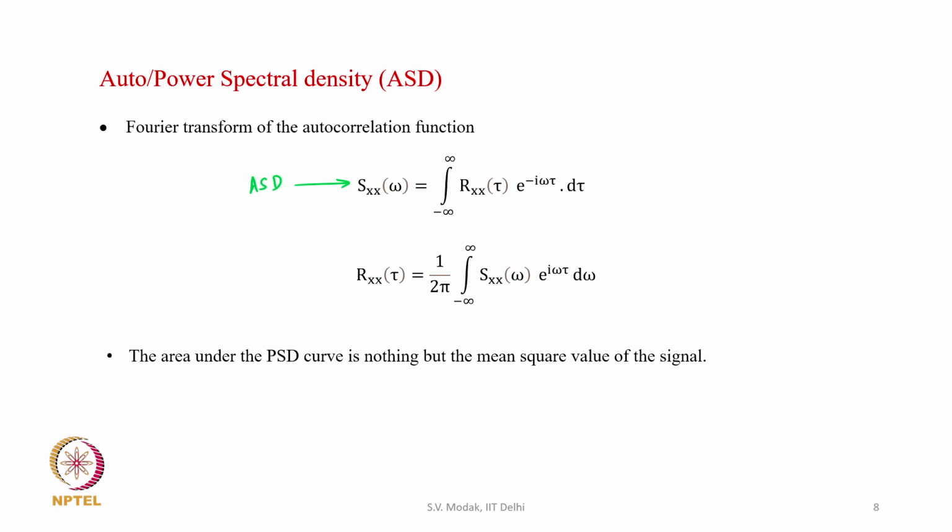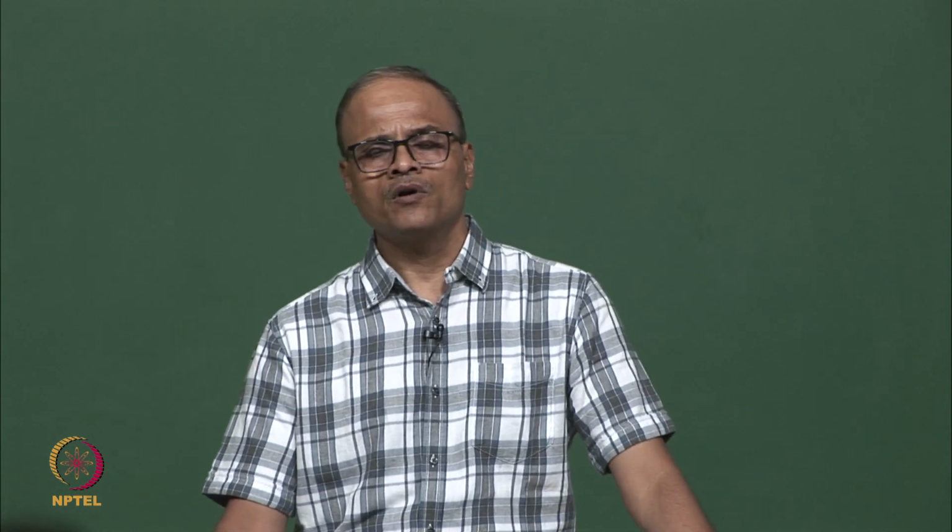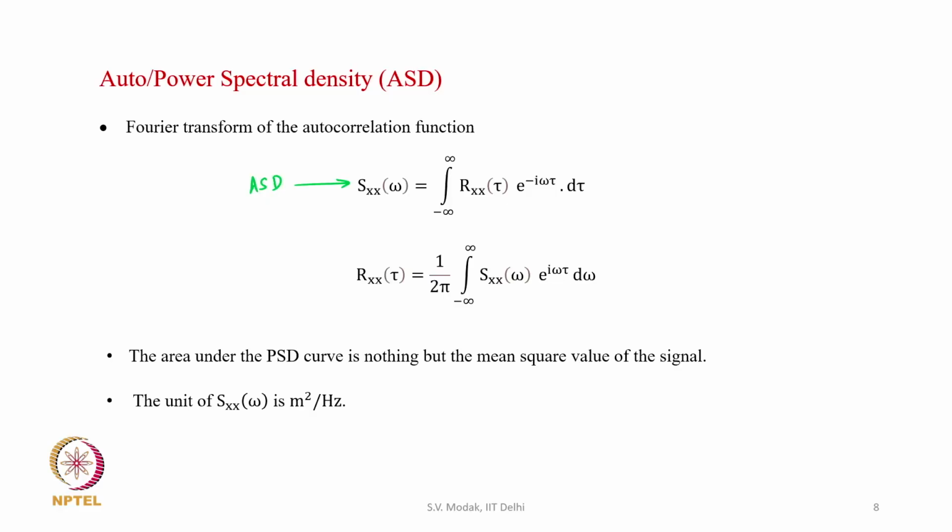Autospectral density is a continuous function of omega; it is not discrete. If we take the autospectral density value at a particular value of omega, then that will tell us the power of that component, but that power will be infinitesimally small because the autospectral density is a continuous function. That is why, if x has the units of meters, then the unit of autospectral density is meters square per hertz.